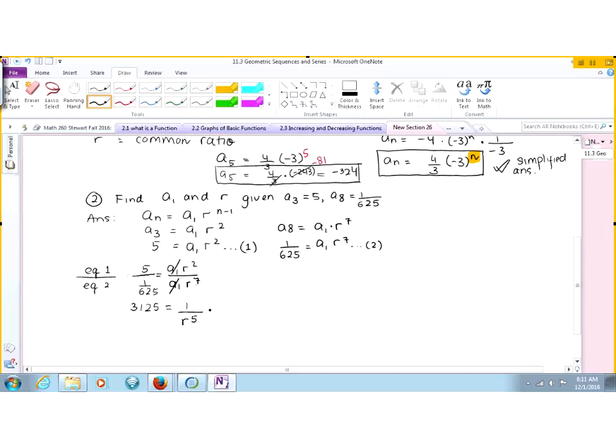Yes, that's right. So what is R to the 5th? So R to the 5th is equal to 1 over 3125. Now what is R? Yes, we take the 5th root of both sides, so R is 1 over 5. Yes. Good.